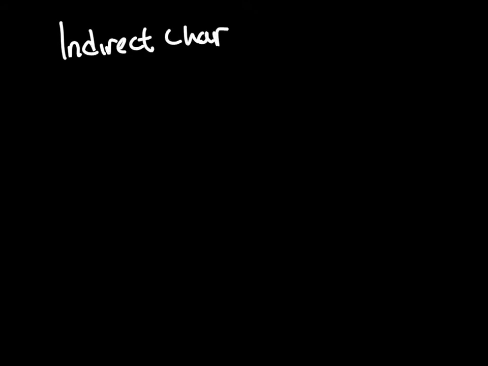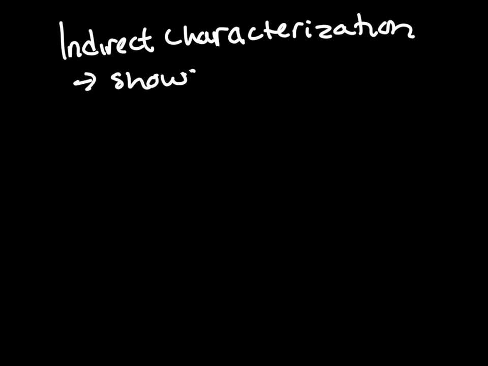Okay, so if direct characterization tells it how it is, indirect is just the opposite. If direct tells, indirect characterization shows. It's amazing. Show, don't tell shows up everywhere, doesn't it?